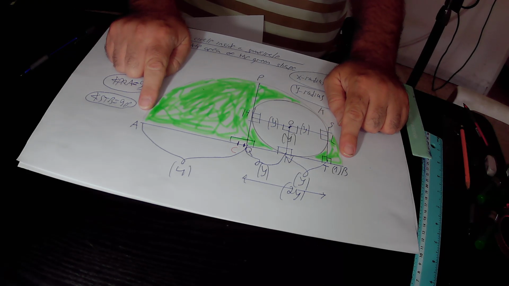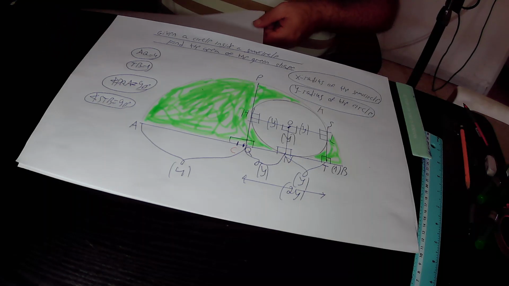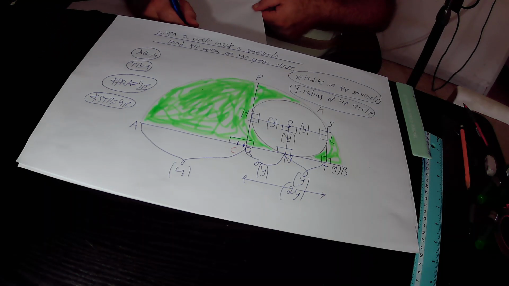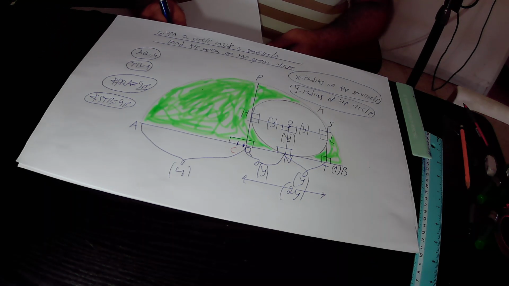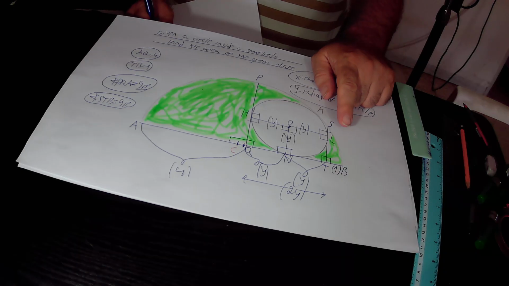Again, the diameter AB in total equals AQ plus QT plus TB. So I write it down. AB equals AQ plus QT plus TB.